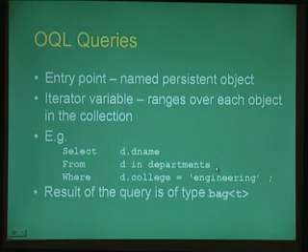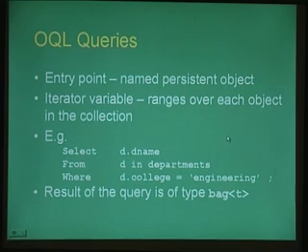the way it interprets this query is different from the way queries are interpreted in SQL or in the relational model. Here D in departments essentially means that D is the name for all objects that are in the extent called departments. Remember what is an extent?